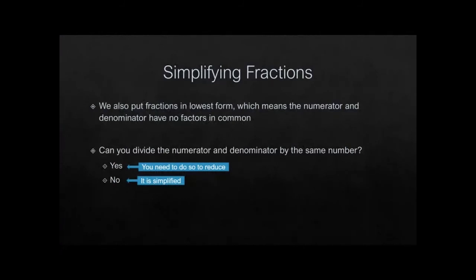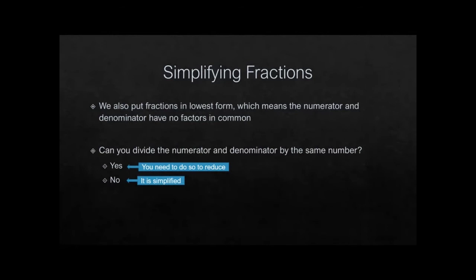So first off, the simplest thing is just simplifying fractions. It's also called reducing or putting fractions in the lowest form. What this means is that your numerator and denominator, the numerator is the top of the fraction, the denominator is the bottom, have no factors in common, or there's no number that you can divide out of the top and the bottom.